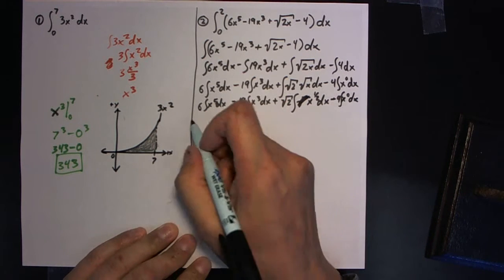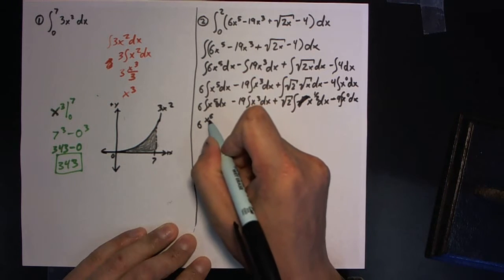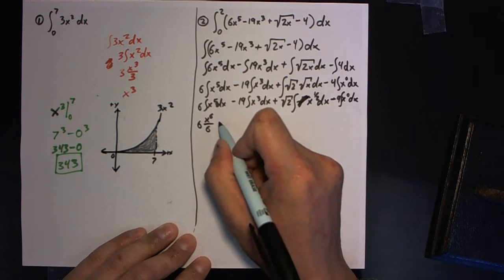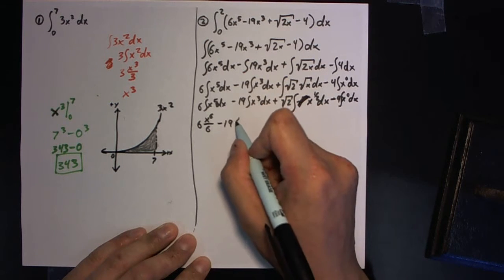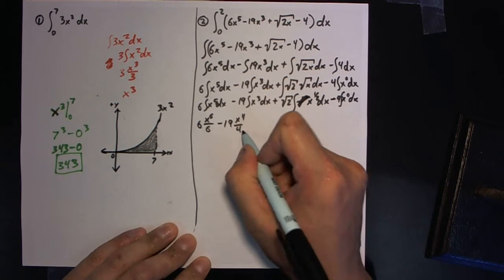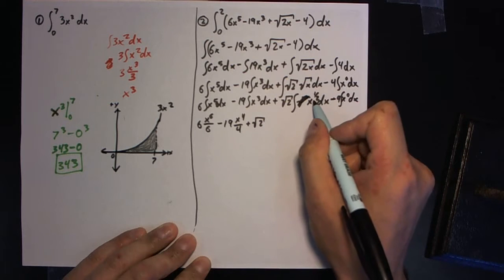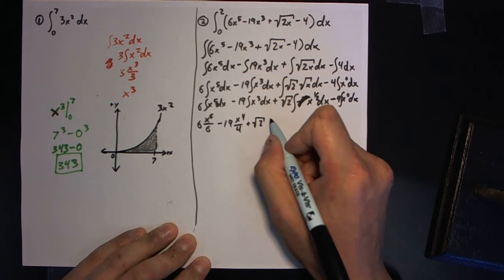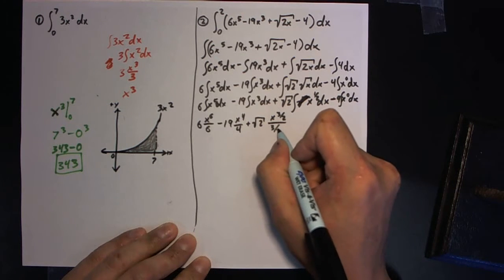Integral of x to the 5th is x to the 6th over 6. Integral of x cubed is x to the 4th over 4. Integral of x to the 1/2 is x to the 3/2 over 3/2.